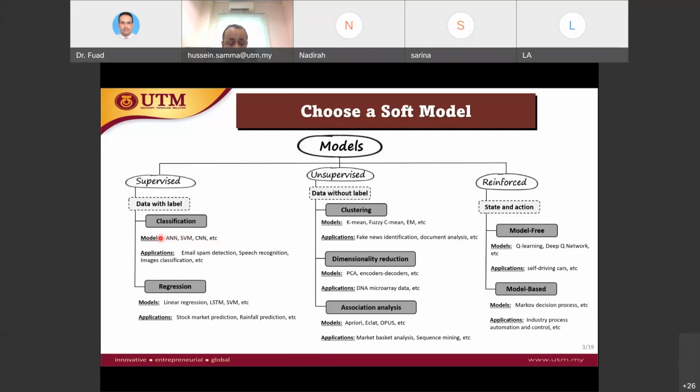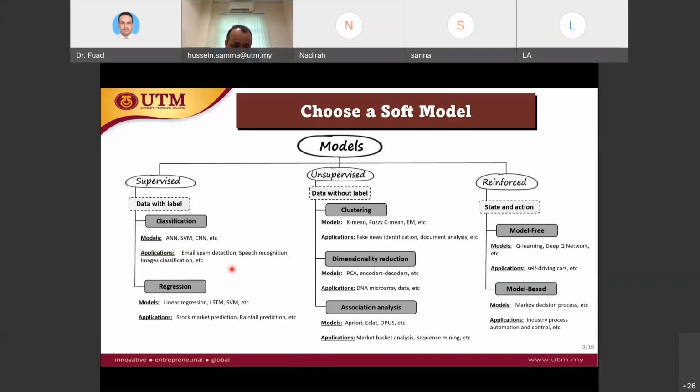In terms of applications of these classification models, we have different applications that could be investigated here. We have email spam detection, speech recognition, image classification, all these kinds of examples. They come under the umbrella of classification problems.